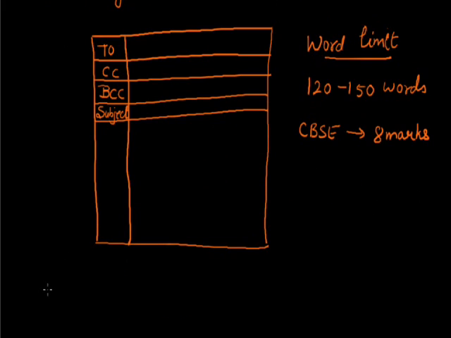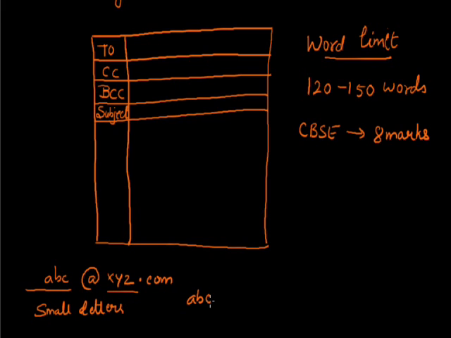The email addresses are of the following format: abc@xyz.com, in which all my letters are in small letters, where ABC is the username and XYZ is the service provider.